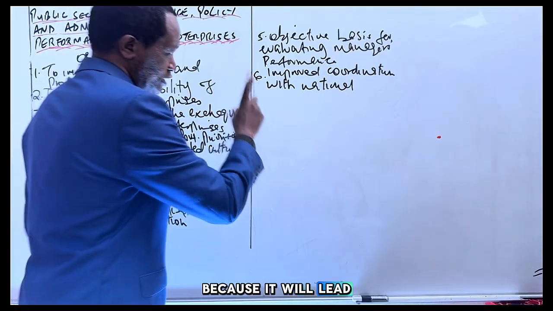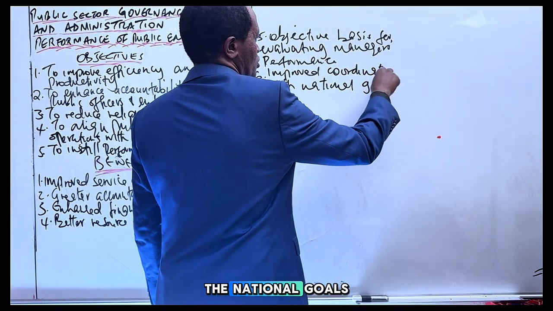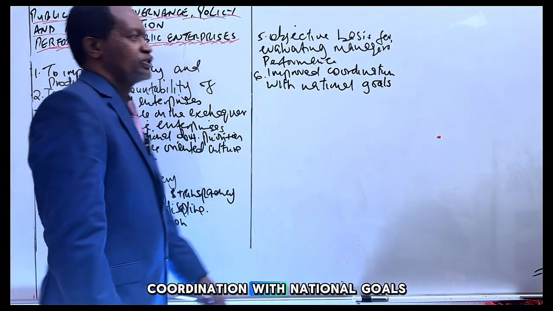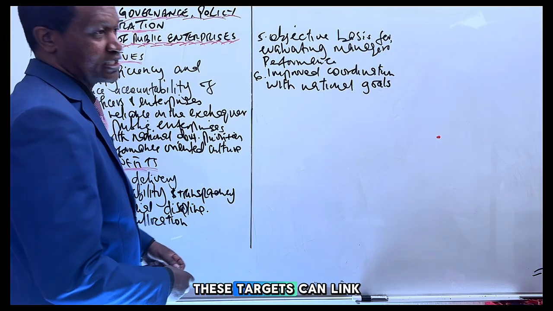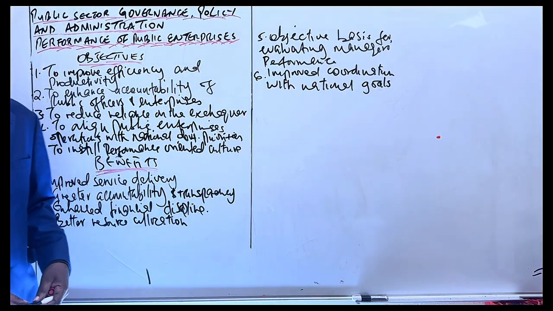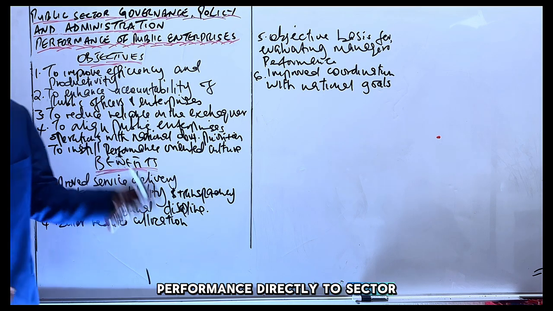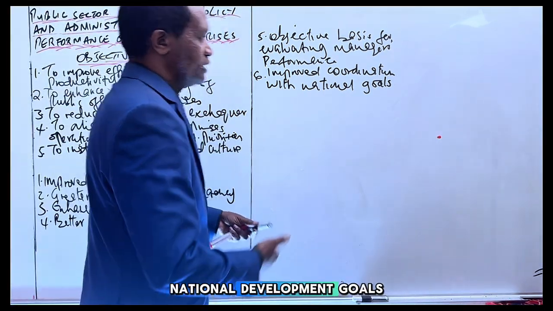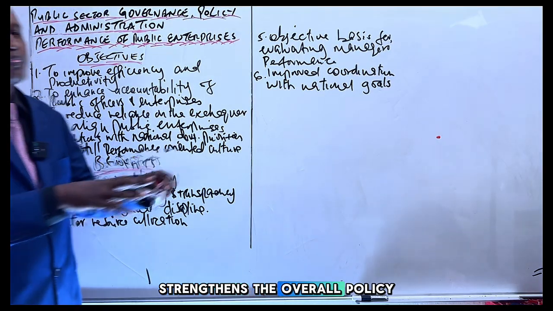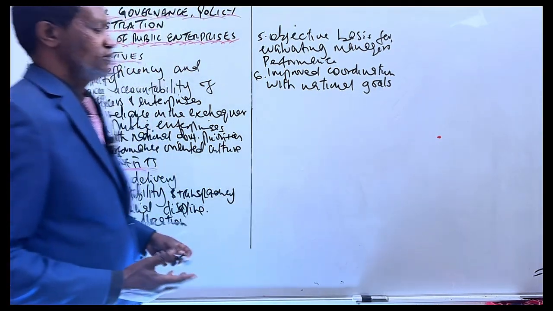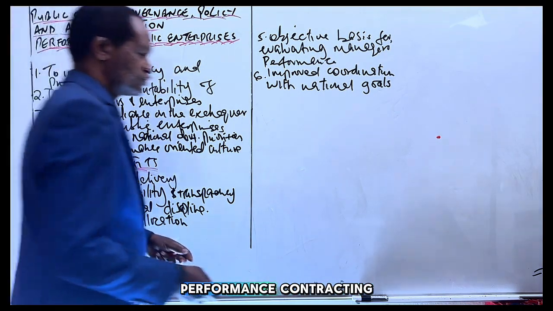Because it will lead to improved coordination with national goals. These targets link individual agency performance directly to sector or national development goals or plans, which then strengthens the overall policy coherence.